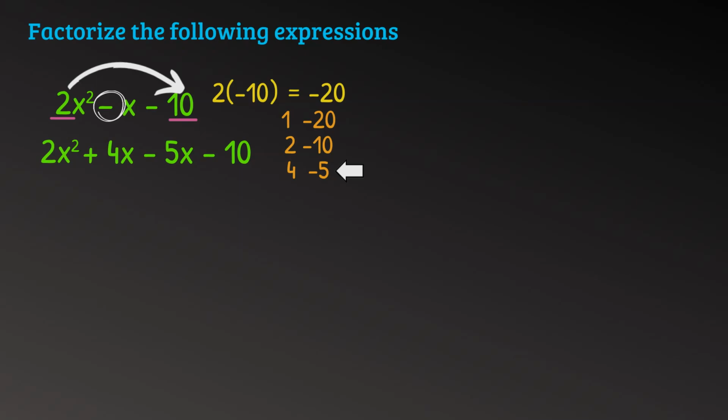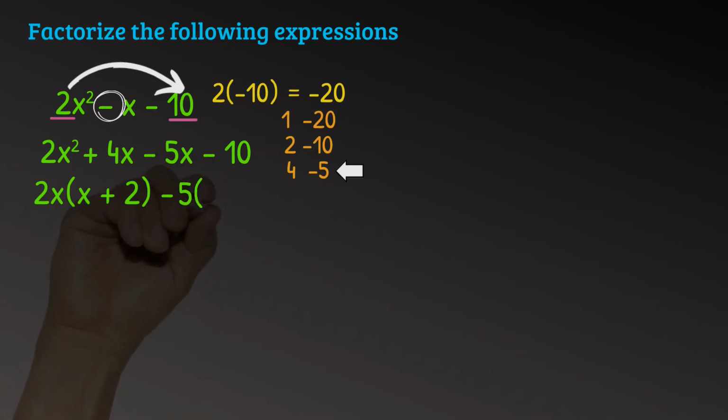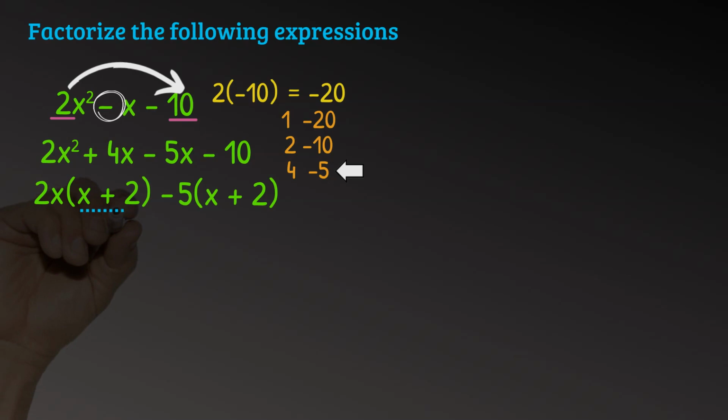Now, taking out the greatest common factor from the first two terms is 2x. So inside the bracket we have to have an x plus 2, which gives us 2x squared plus 4x. And the greatest common factor for the second two terms is 5, and we would have to put x plus 2 inside the brackets to give us 5x minus 10. And as these two brackets, x plus 2, are the same, we know we're on the right path, and that is the first bracket of our solution.